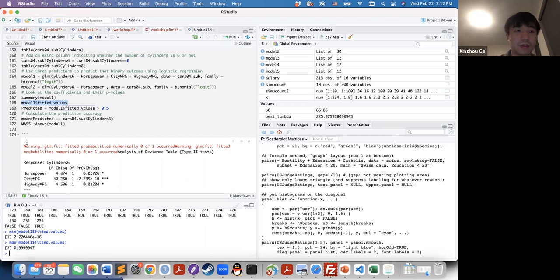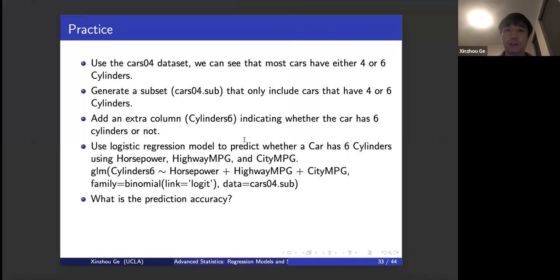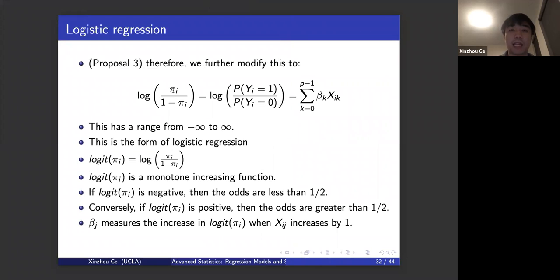So I guess this warning message comes from this small number, which is close to 0 and will be regarded as 0 in R in some part of the calculation. If the probability is 0, if we go back to the formula, if pi i is 0, then this function will be log 0, which is negative infinity, and this will cause errors in the calculations.